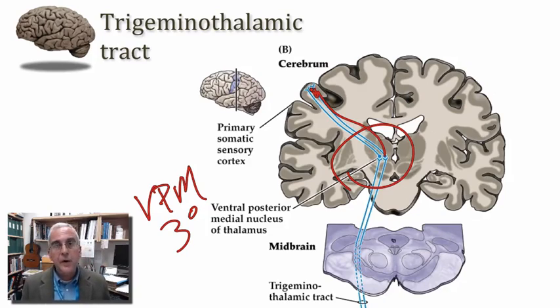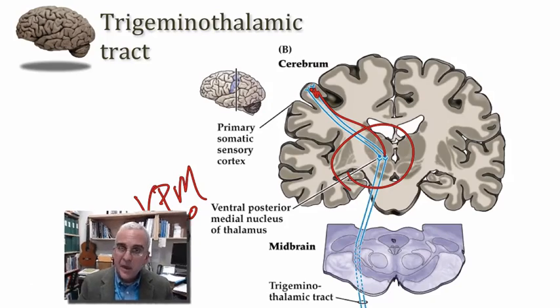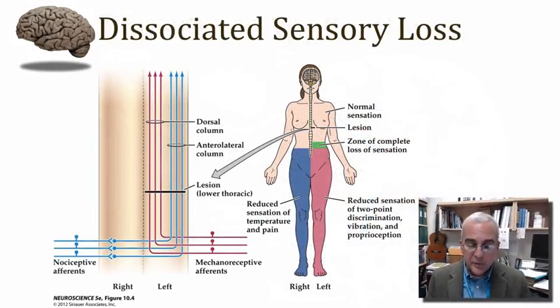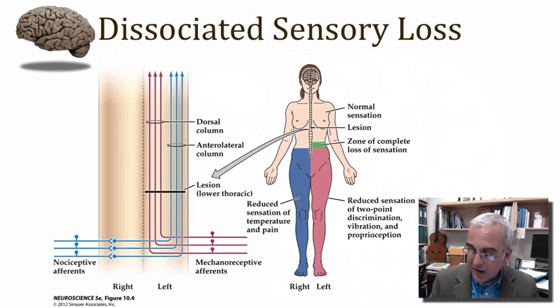Now, if you followed along well with the discussions of the dorsal column medial lemniscal system and now the anterolateral system for the postcranial body, then I hope you can appreciate the consequences of a very particular injury that produces a very characteristic set of neurological signs and symptoms. The injury that I have in mind is damage to one side of the spinal cord.